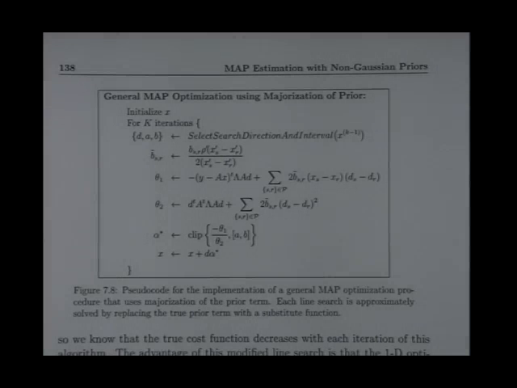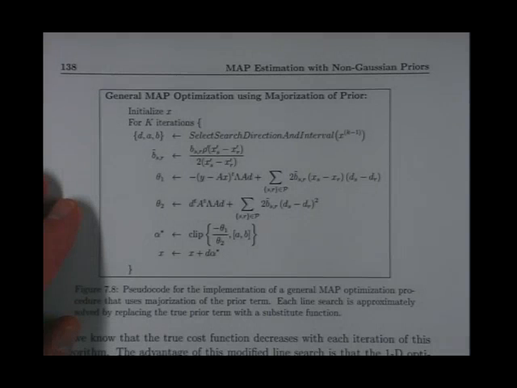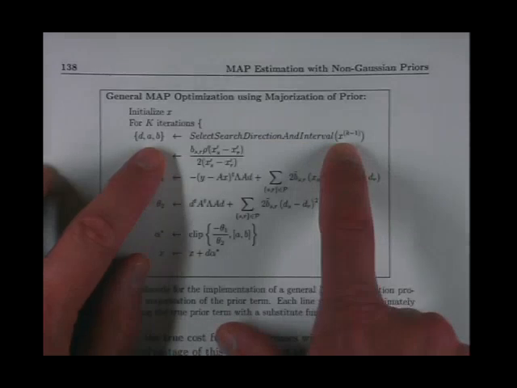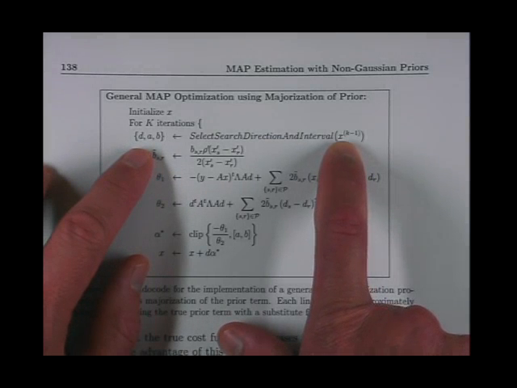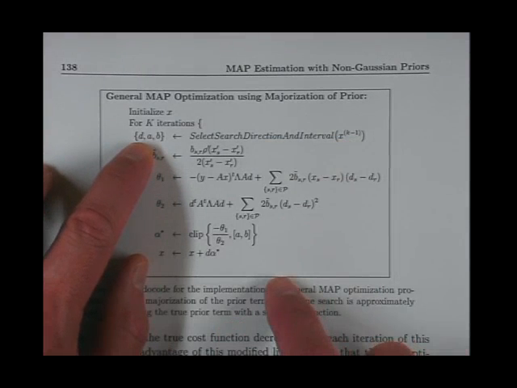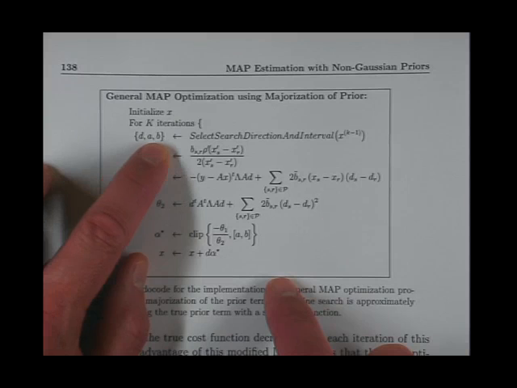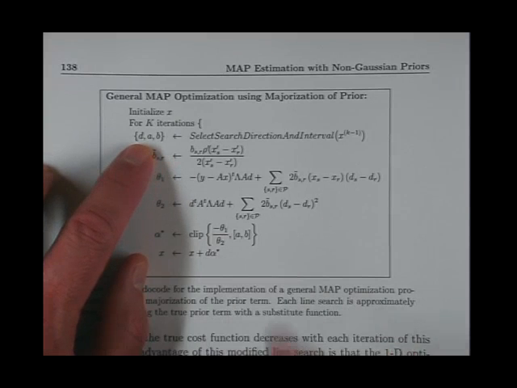Okay, so you take your current state, and knowledge of the function you're minimizing, and based upon that, you select a direction for minimization, and an interval. Okay? So for gradient descent, D here would just be the negative gradient.